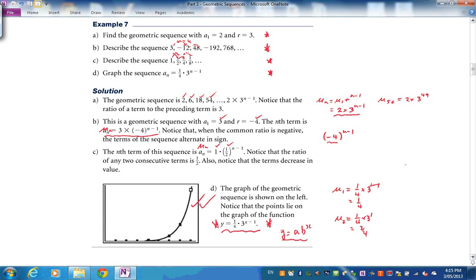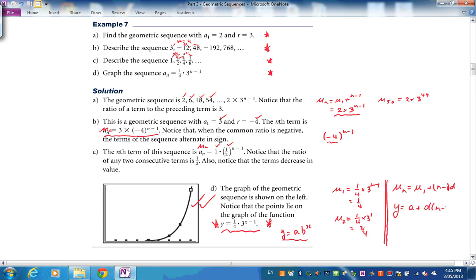And indeed, I wonder if you'd like to think about the formulas we had for the arithmetic, is mu1 plus n minus 1 times d. What did we get there? Well, we could have said y is some initial number, let's say a, plus d lots of n take 1.